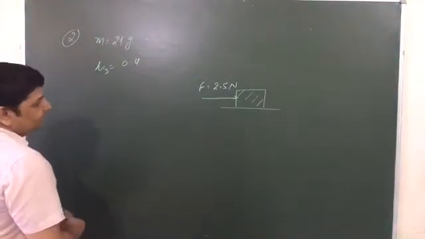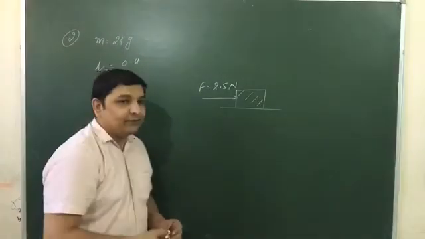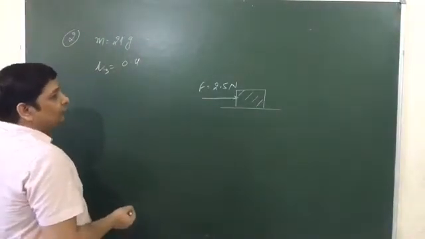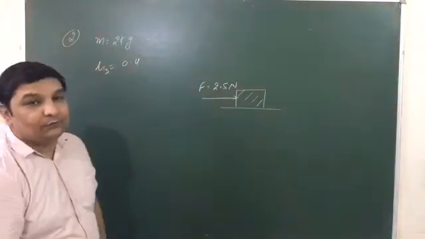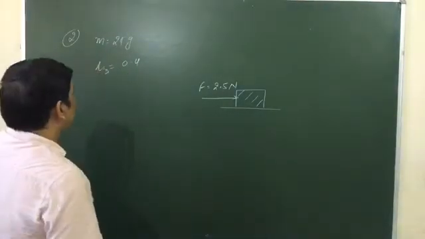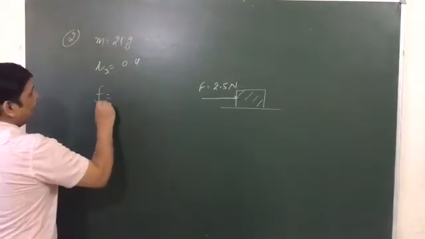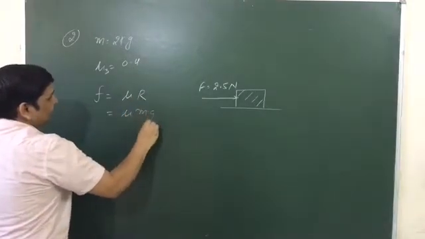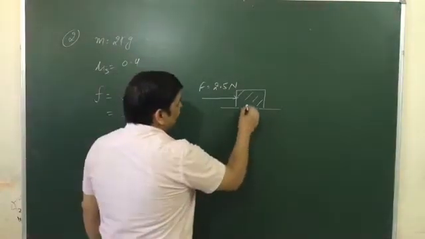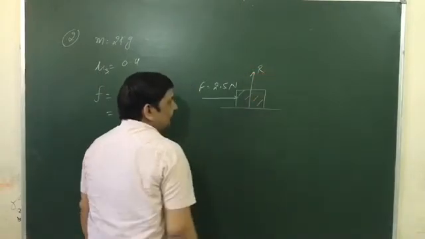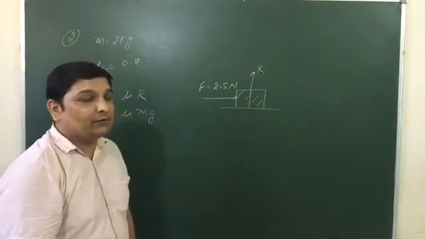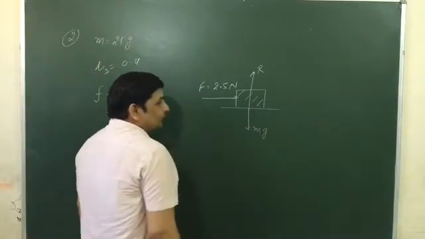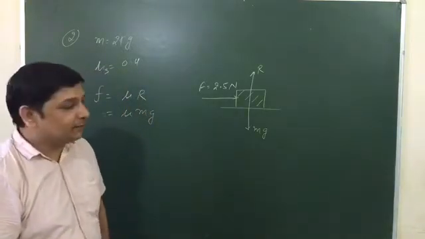To find the force of friction, first of all, we should find the force of limiting friction, and force of limiting friction is given by mu R. R is replaced by mg, because the direction of reaction is perpendicular upwards to the surface of the body, and the direction of weight is perpendicular downwards to the surface of earth.